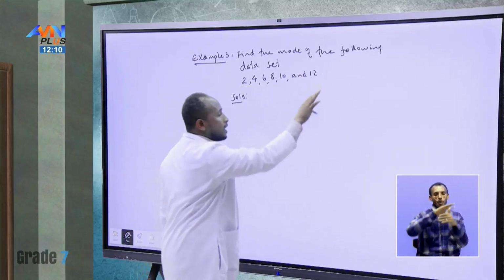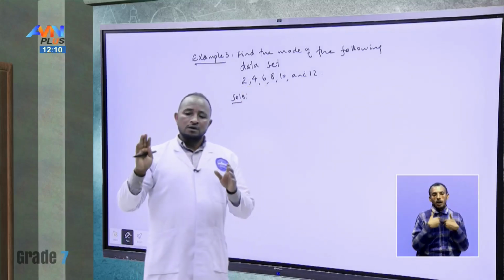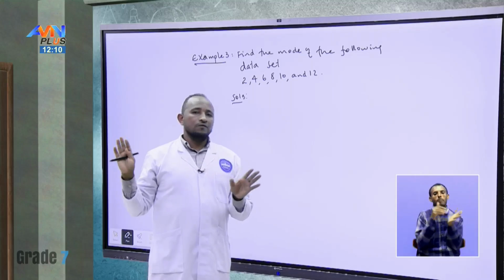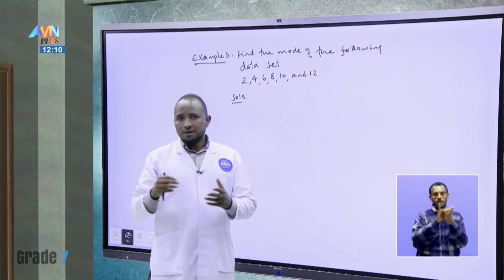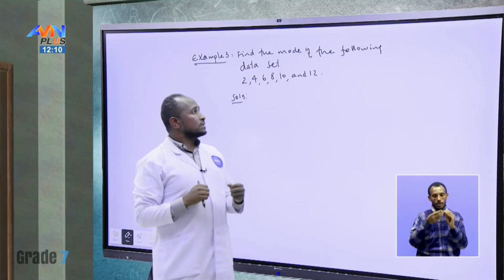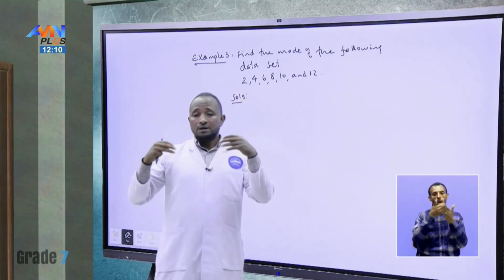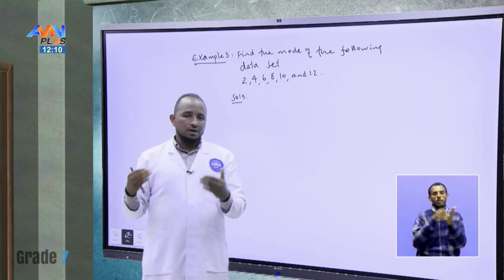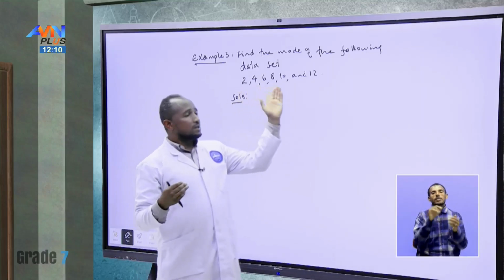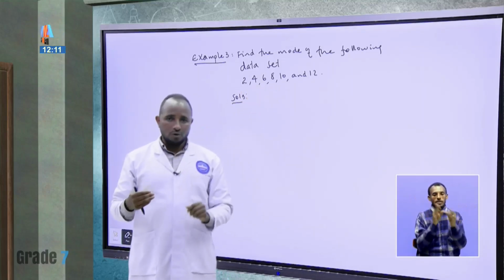All of them have equal repetition or equal frequency. There is no number that has the greatest frequency. So in this case, since the frequency of each is the same, this data set has no mode.